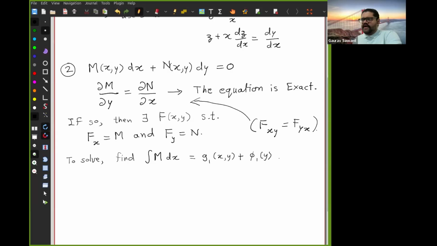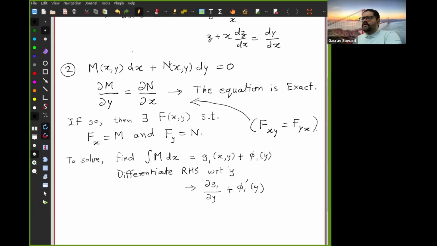So you could have this thing and then differentiate the right hand side with respect to y, and you would get del g1 by del y plus phi1 dash y, right?